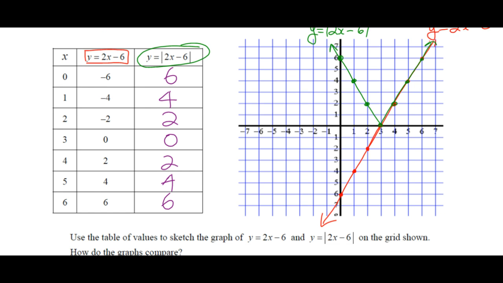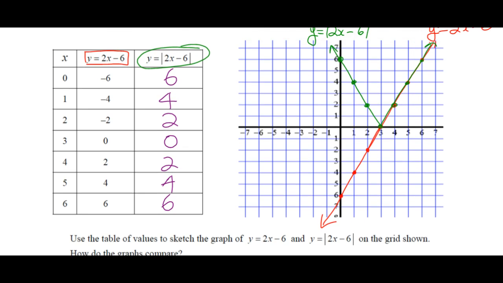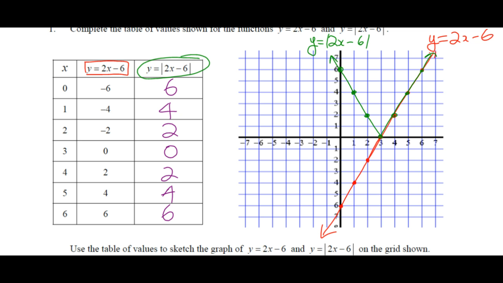Okay, so we observe. How do the graphs compare? It's a straight line problem. That is not a parabola. It's a V. Yeah, parabolas are rounded at the bottom, right? One's only positive, right? Yeah. So we take the negative red.